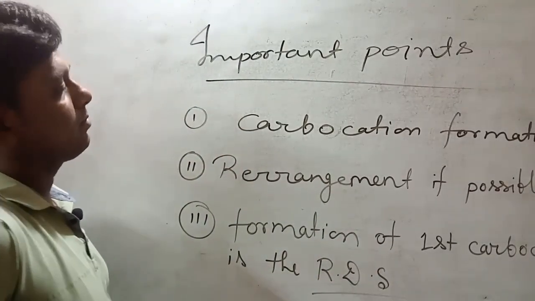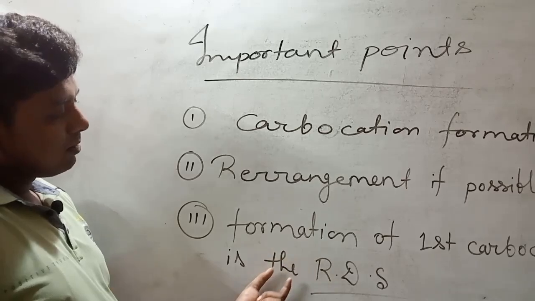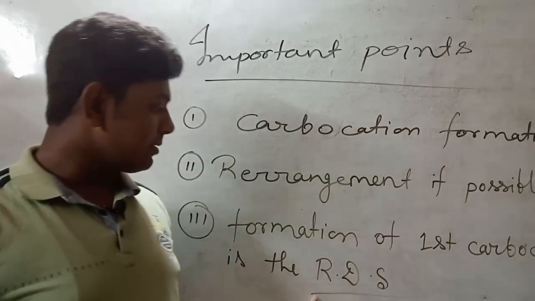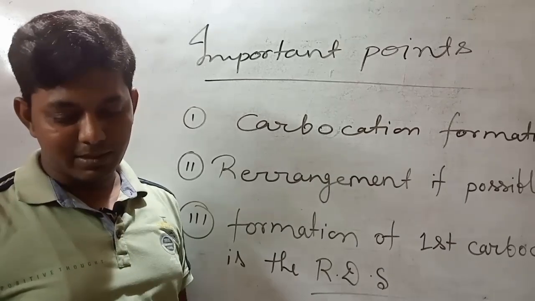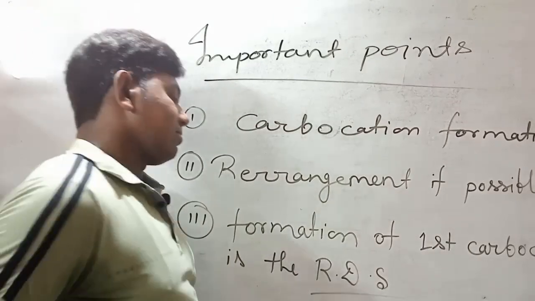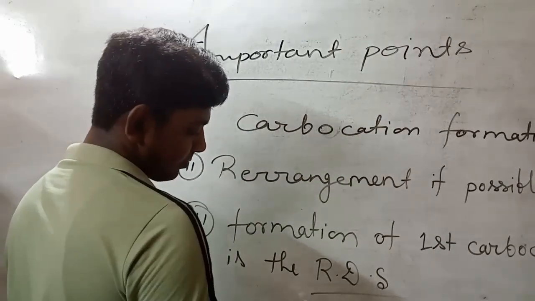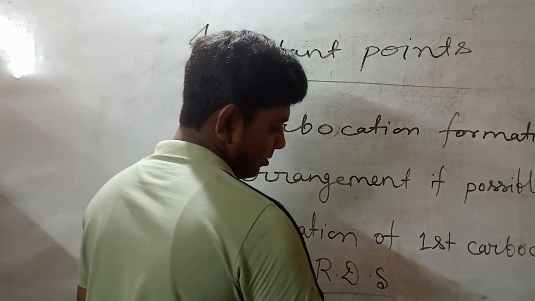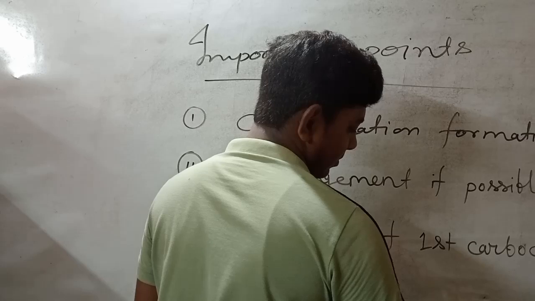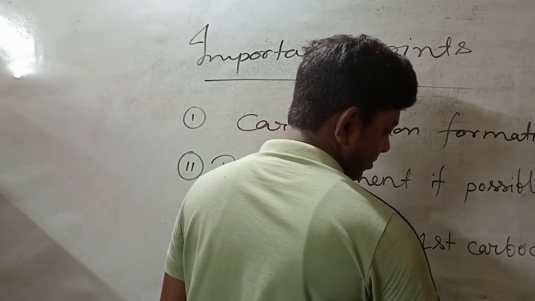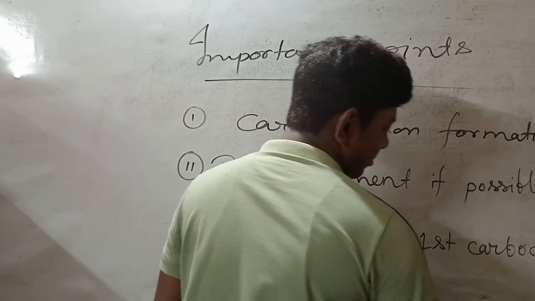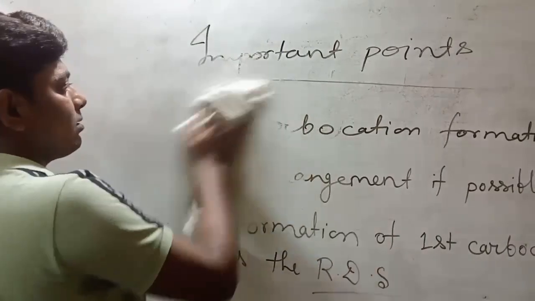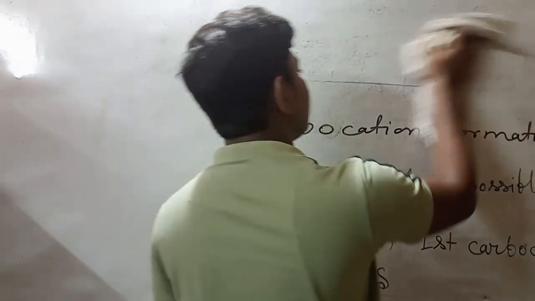Formation of carbocation is known as RDS, the rate determining step. These are the important points.